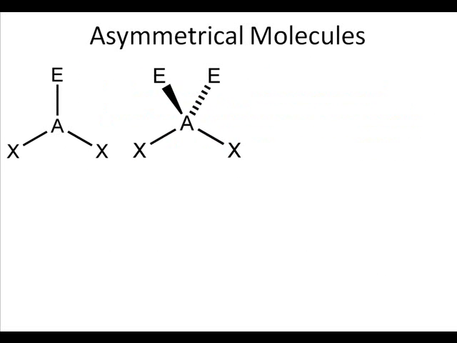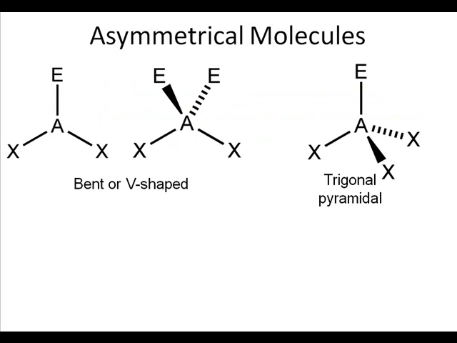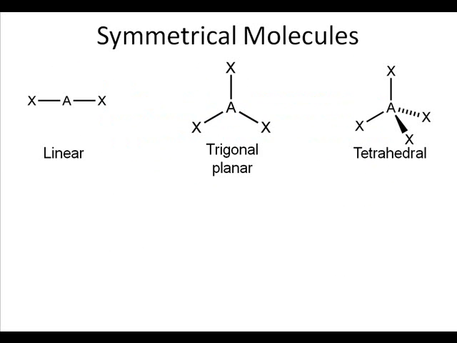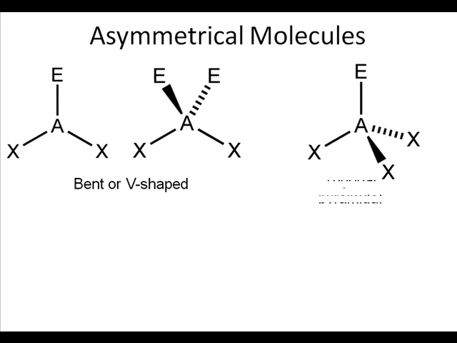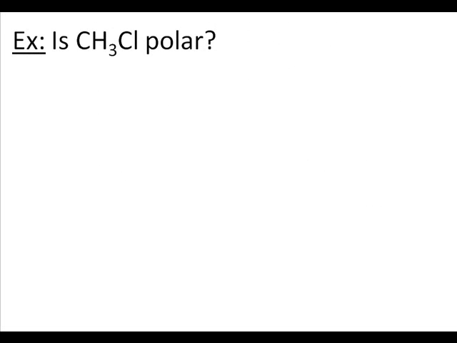Now, what these are going to show is because of the different polarities and because you can have multiple bonding, molecules take on certain shapes. And those shapes are linear, trigonal planar, tetrahedral, bent, pyramidal.